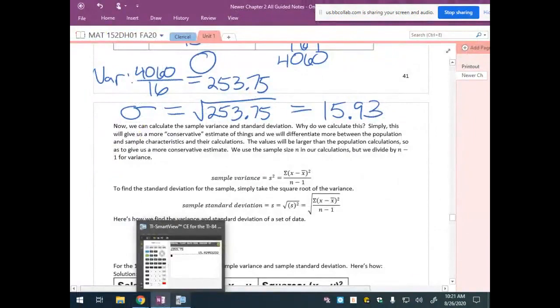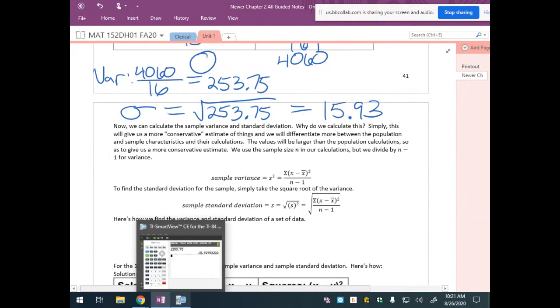Now, in addition to population variance and population standard deviation, folks, we'll have sample variance and sample standard deviation. Now you're probably thinking, what the heck are we doing this for? What this does is make it larger than the population counterparts.